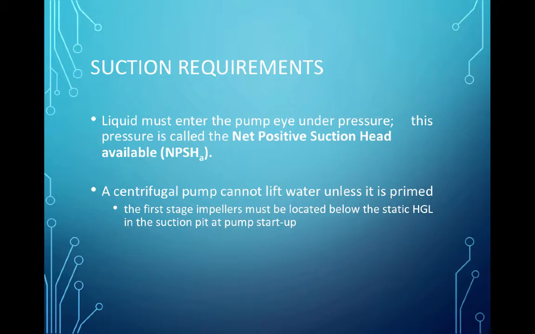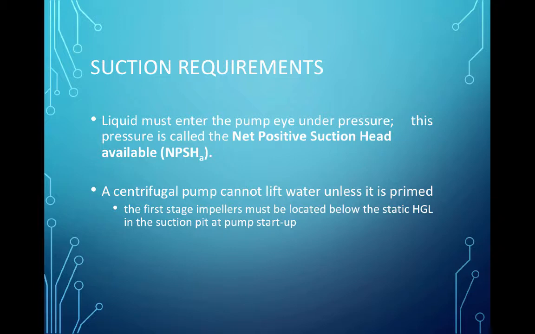A centrifugal pump can't lift water unless it's primed. So the second example in the video where they were lifting the green liquid, that was not a centrifugal pump, because they were actually able to draw enough suction in the gas phase to lift the green liquid up into the intake tube and on through the system.